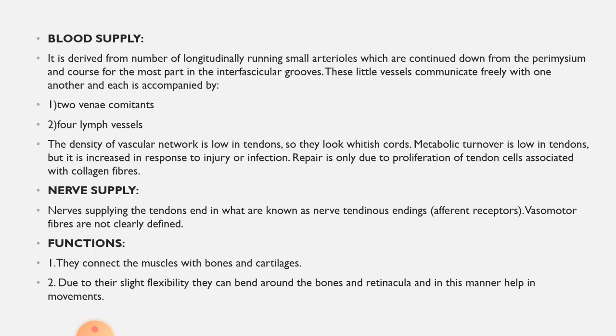These little vessels communicate freely with one another, and each is accompanied by 2 vena comitantes, which means there will be 2 veins surrounding the one artery, and there are going to be 4 lymph vessels.